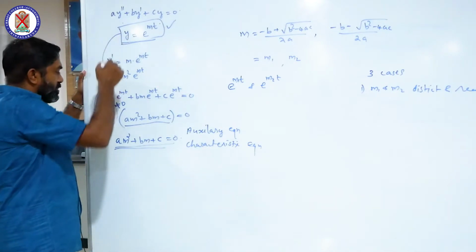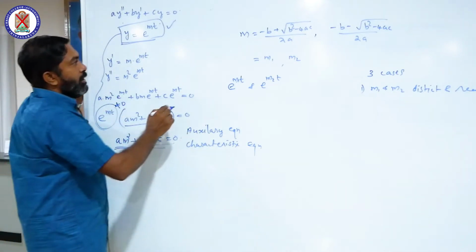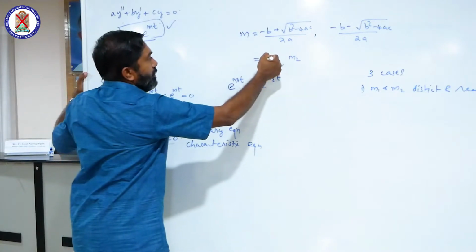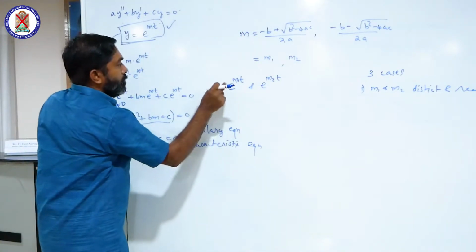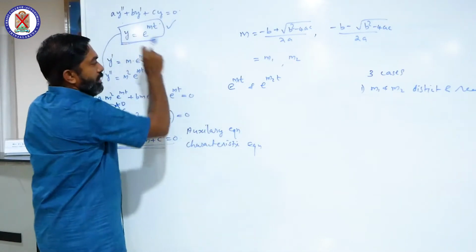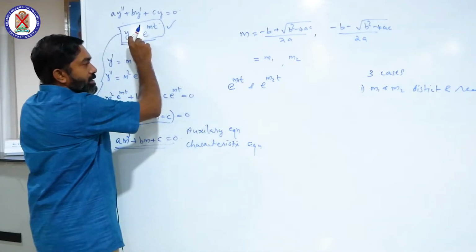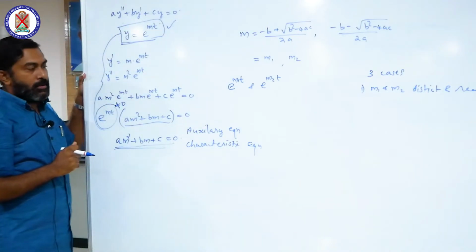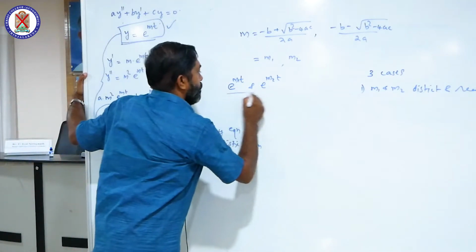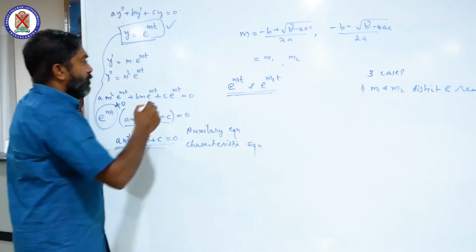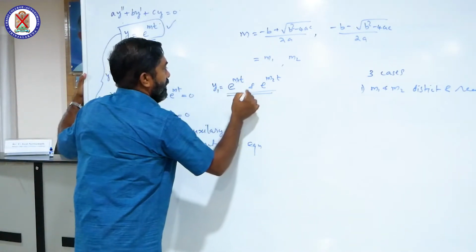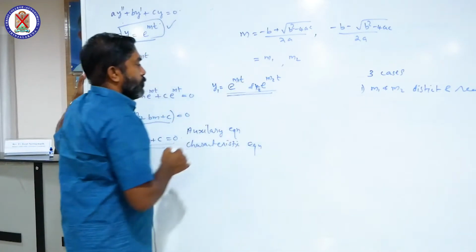If this m satisfies this equation, then that m is either m1 or m2. So if we take either m1 or m2, then e raised to m1 into t and e raised to m2 into t should satisfy the given equation. Okay, so these two are two solutions. I would like to say this one is y1 and this is y2.